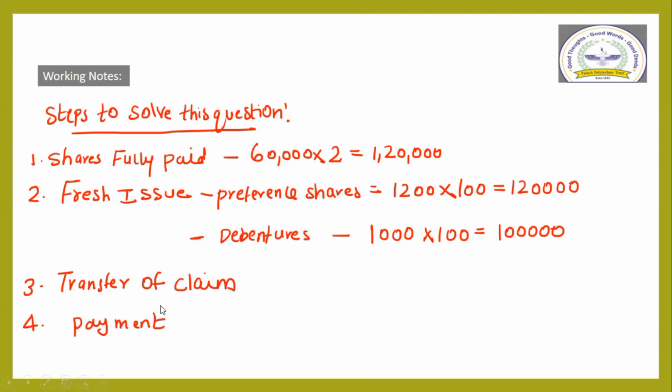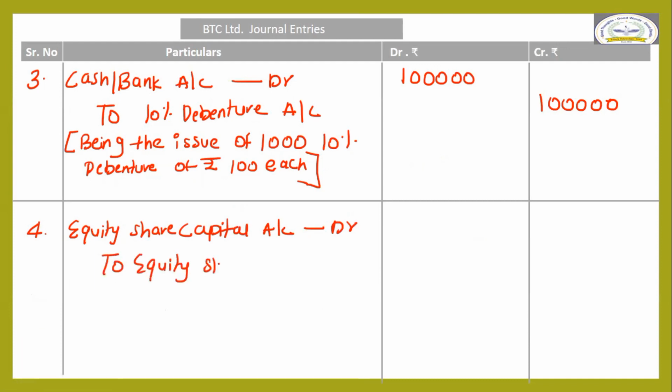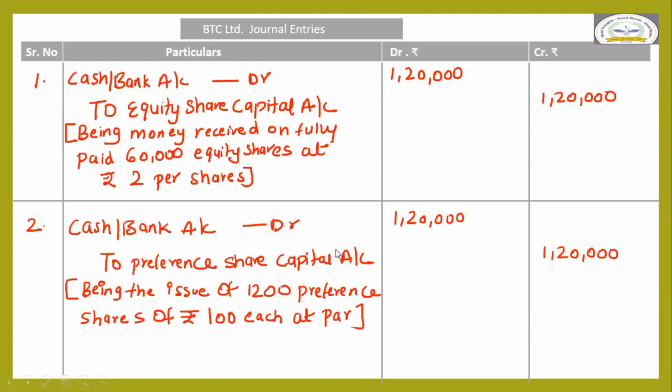So we write the transfer of claim entry: equity share capital account debit. As the capital is credited, for the transfer we debit the capital, to equity shareholder account.